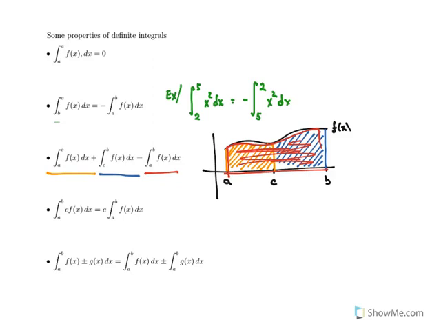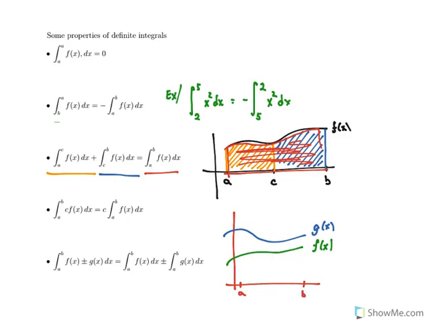Finally, we have the integral from a to b of 2 functions added together or subtracted. We can think of each of those separately, and this time a picture could be very useful. So let's think about 2 functions here, f of x and g of x on the interval a to b.